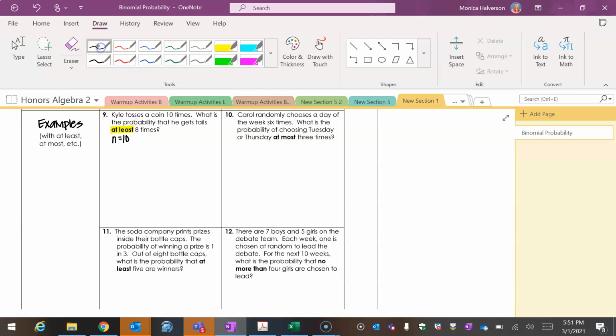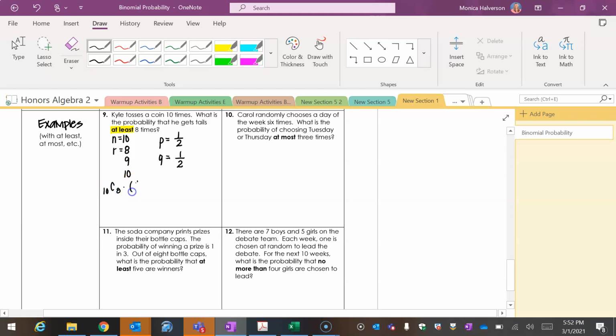Well, that means that it could be 8, it could be 9, it could be 10. So you're going to have to do that for each one. We know for him to get tails, it's going to be 1/2. And the failure of getting heads is going to be 1/2. So you're going to do this 3 different times.